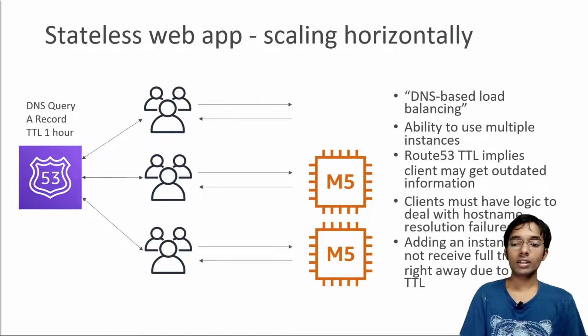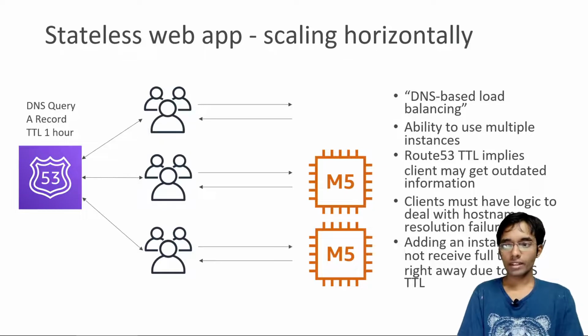Also, a new instance may not receive full traffic right away due to the DNS TTL. Again, you need to wait for new clients to resolve the DNS for a new instance to receive some traffic. So this works fine, and it's an architecture that is often chosen, but it's not the perfect one.